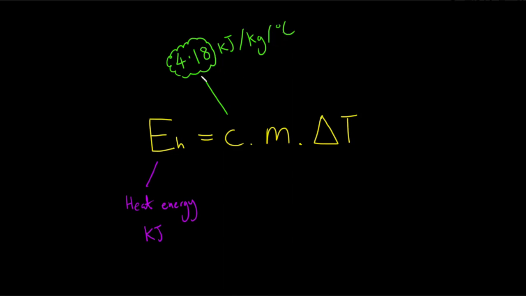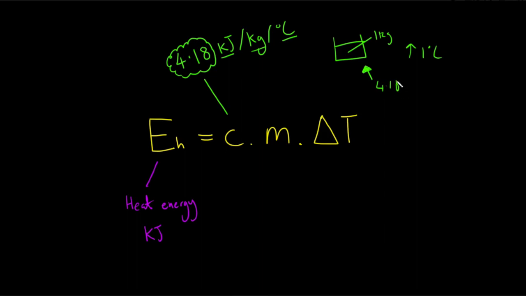Now essentially, you don't really need to know this, but it's the amount of energy required to increase a kilogram of water by 1 degrees C. So if I had, let's say, a beaker with a kilogram of water in it, how much energy would I need to put into that 1 kilogram of water to increase its temperature by 1 degree C?